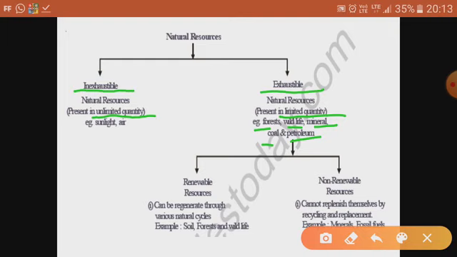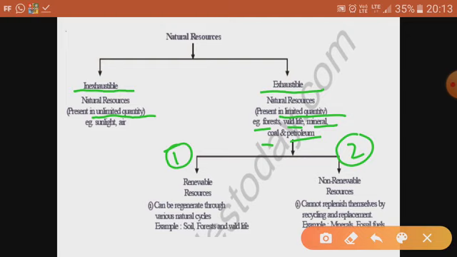Now, exhaustible can be further divided into two categories. One is renewable and another is non-renewable. Renewable means that it can be regenerated through various natural cycles, and non-renewable means that it cannot be replenished or regenerated by recycling or replacement.